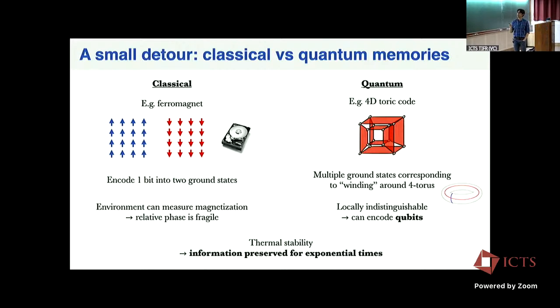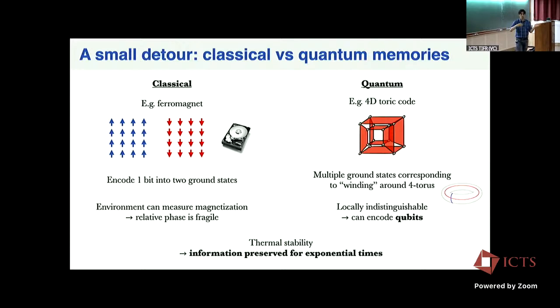And now what this 4D toric code achieves is a kind of quantum memory where you have multiple ground states, but you could take any of the ground states, any superposition, and take two of them which are orthogonal, then they remain distinguishable for a very long time when you couple to a low temperature bath.